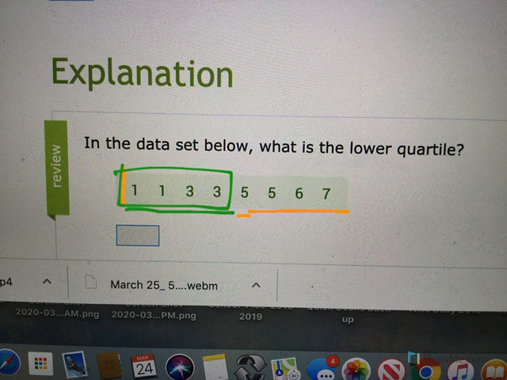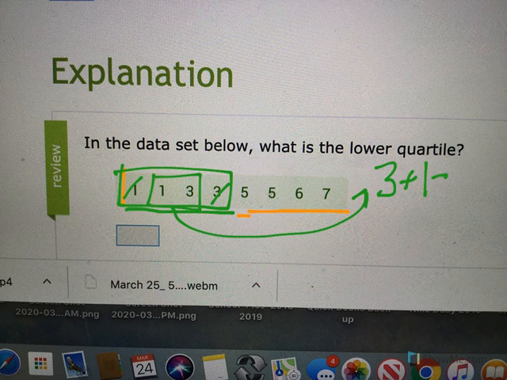We know how to figure out the median. Cross these out. Uh-oh, we now have 2 numbers here. How do we figure out the median of 2 numbers? All we do is 3 plus 1 equals 4, and then 4 divided by 2. So the lower quartile answer is 2.